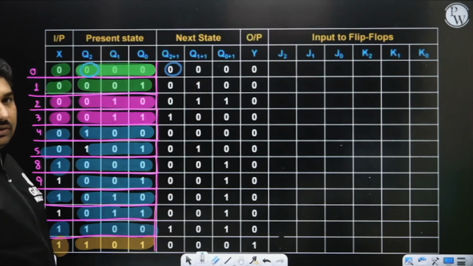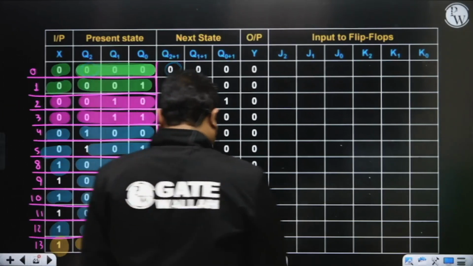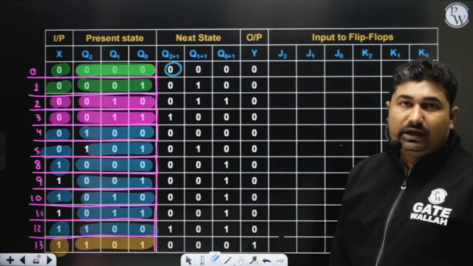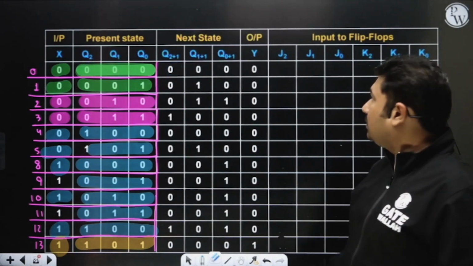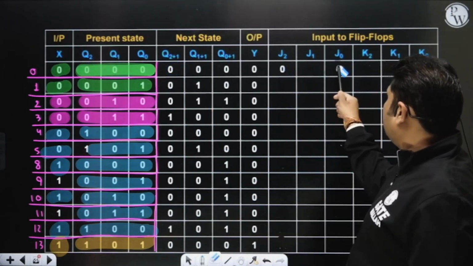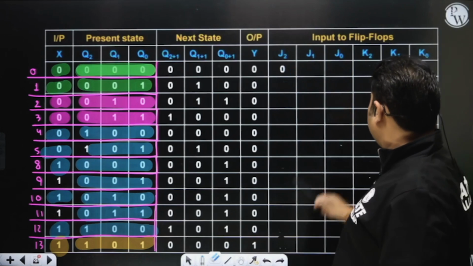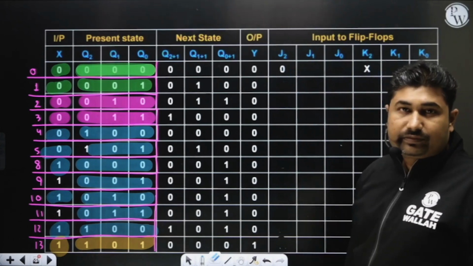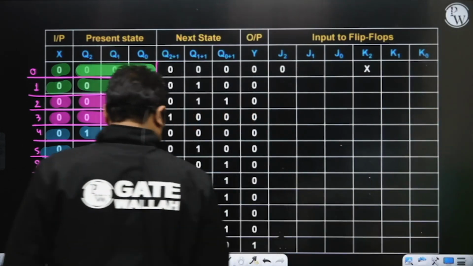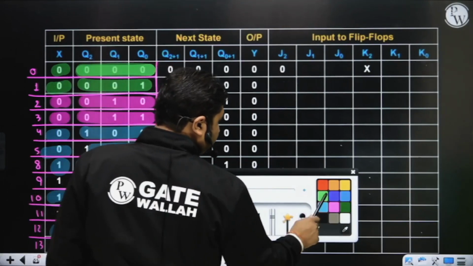For 0 0, in the JK flip-flop excitation table, it is 0 don't care. Is it okay? Yes, sir. Now again observe.